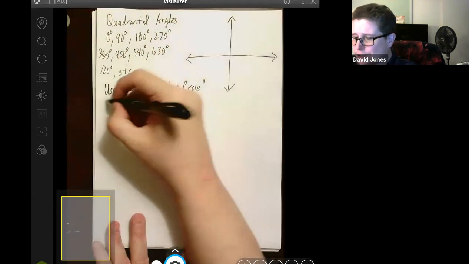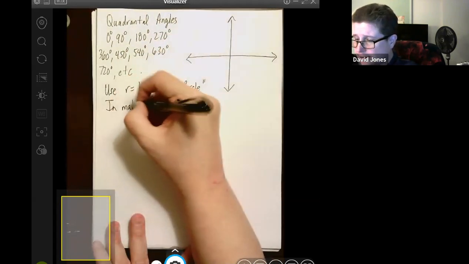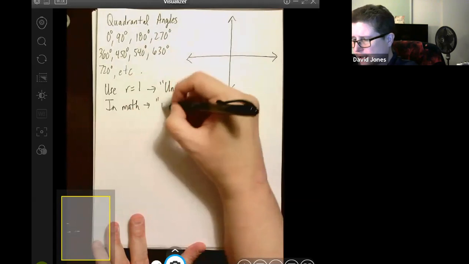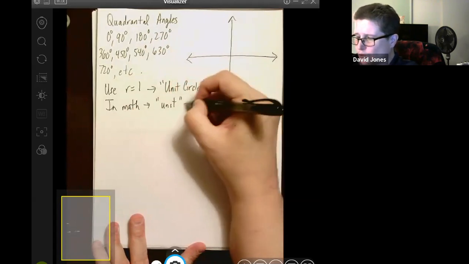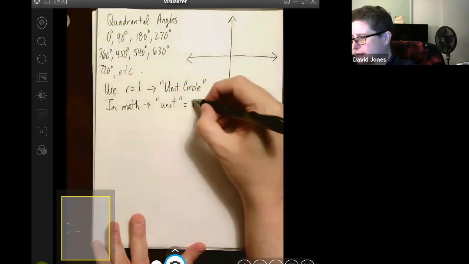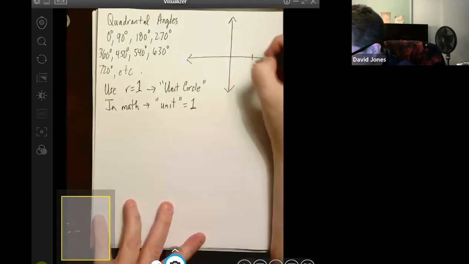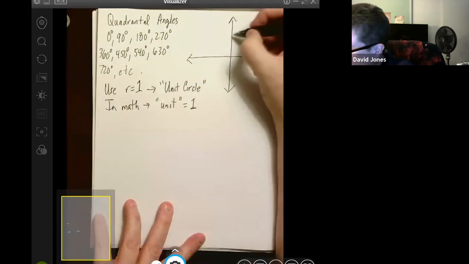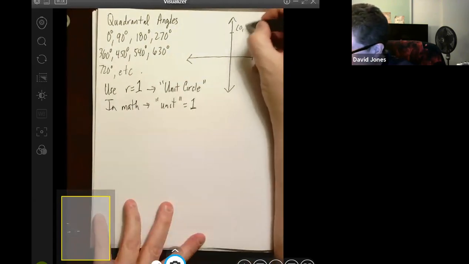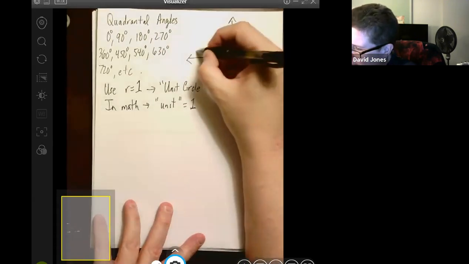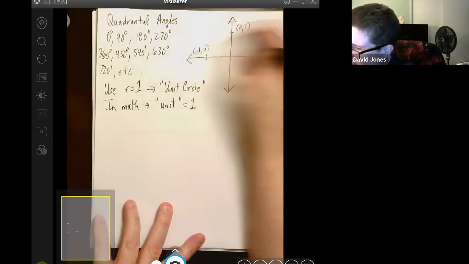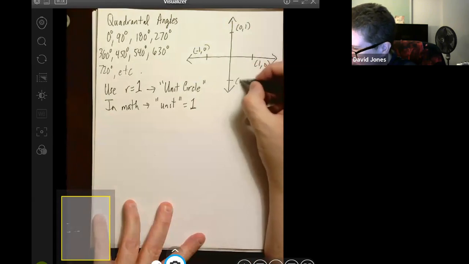In mathematics, when you see unit anything, it means 1. So this is 1, 0. This is 0, 1. This is -1, 0. And this is 0, -1.